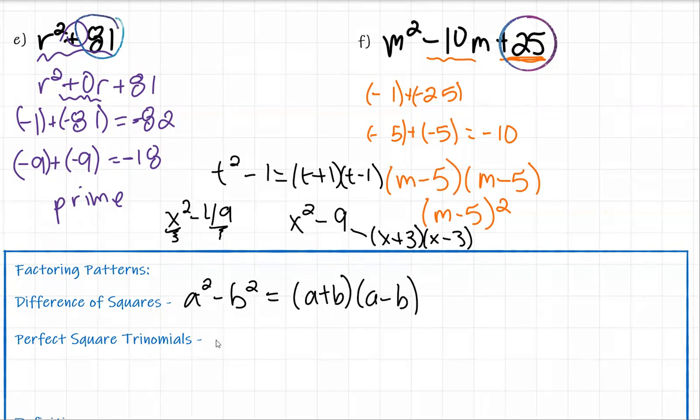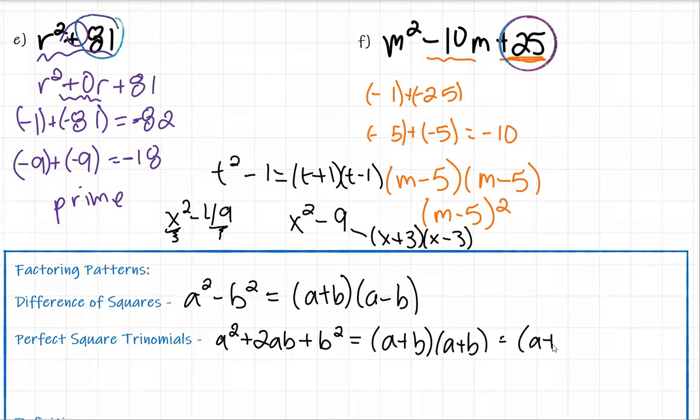So we have a squared, in this case, let's do the positive one first, plus 2ab plus b squared. That is our perfect square trinomial. That's our a plus b, or a plus b squared.